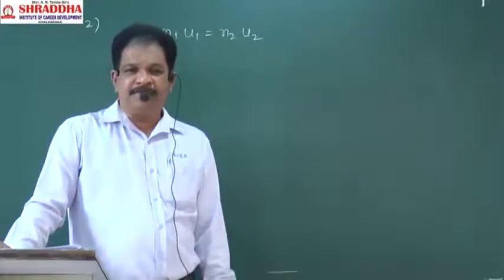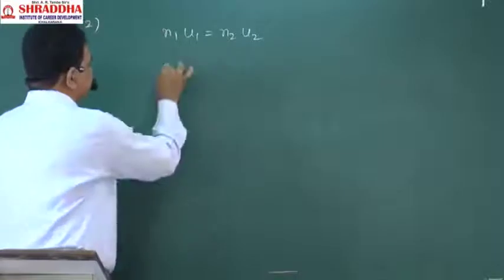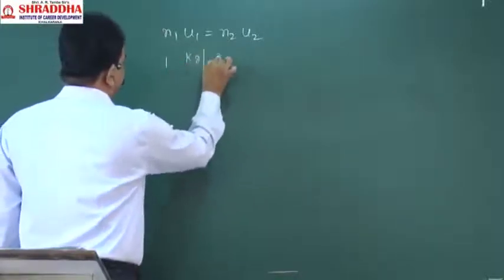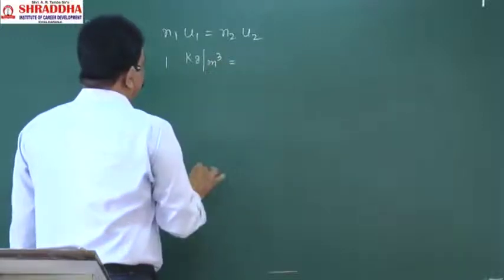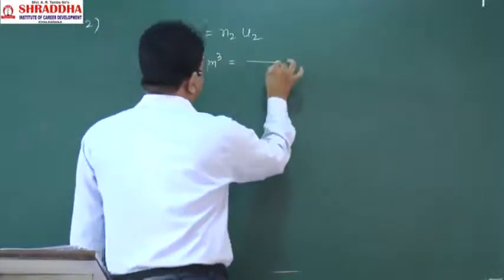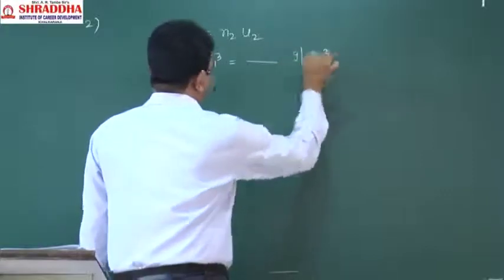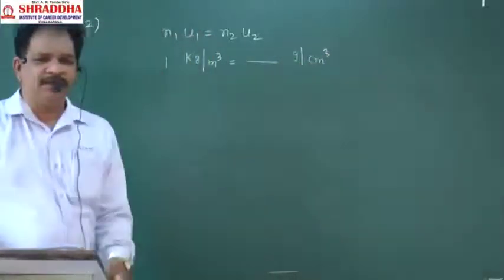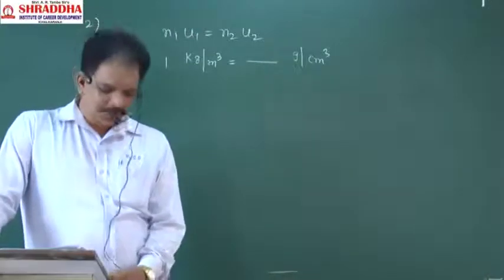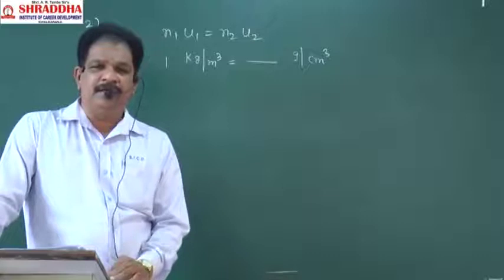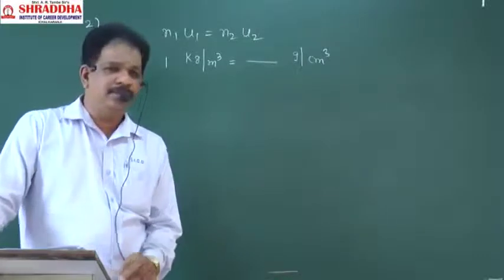Kilogram per meter cube. 1 kg per meter cube is equal to how many gram per centimeter cube? That is the question. 1 kg per meter cube is equal to how many gram per centimeter cube?